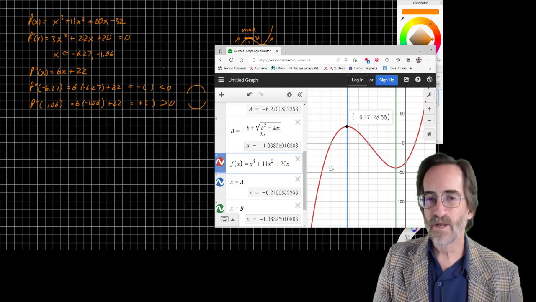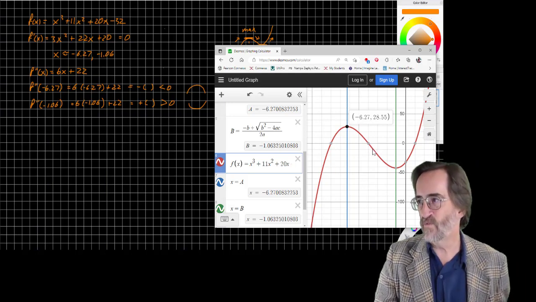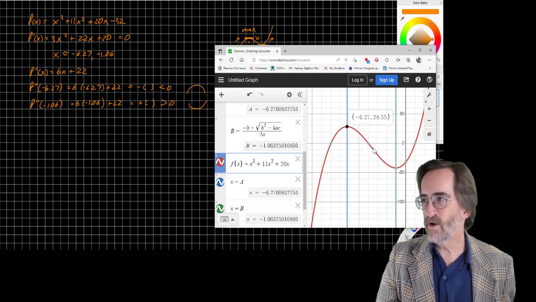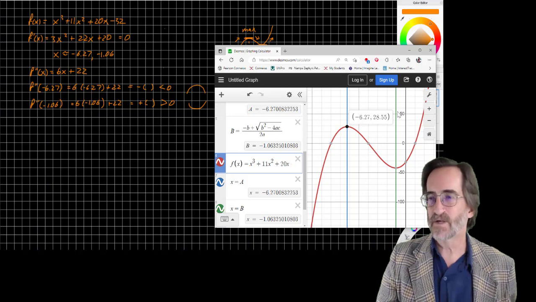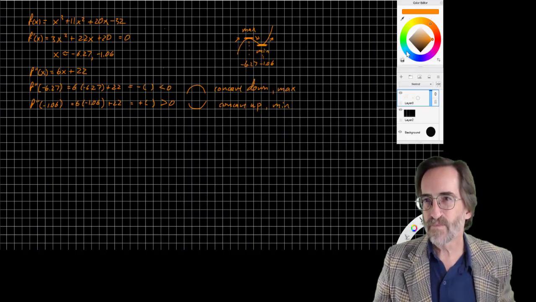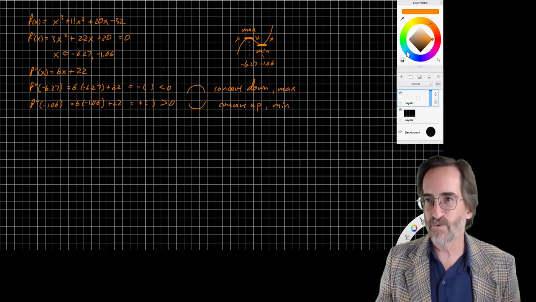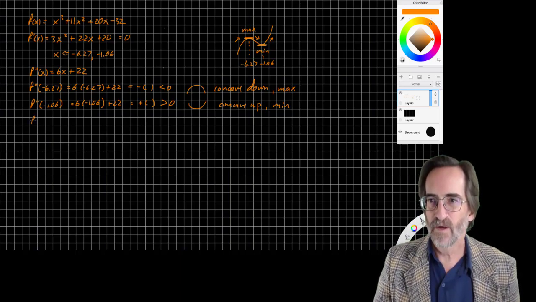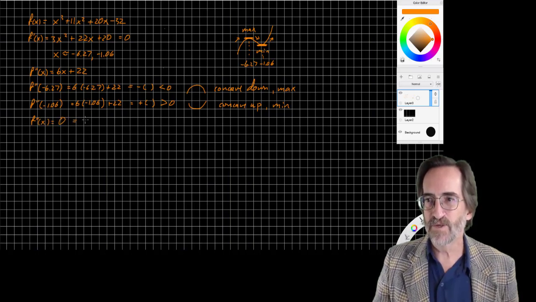Now, there's another point of interest as well, right here in the middle. It's where it changes from being concave up to concave down, and that's called the inflection point. So we're going to set the second derivative equal to 0. Where the second derivative equals 0 is the inflection point, the dividing line between concave up and concave down.